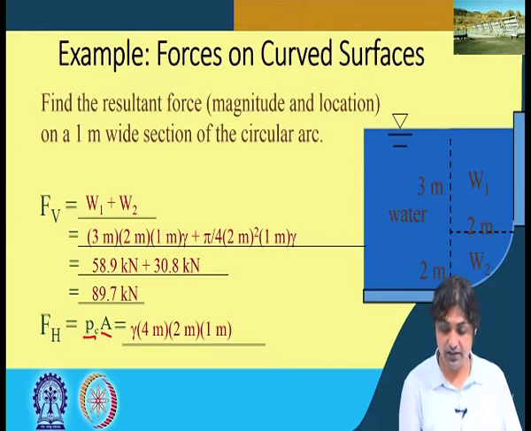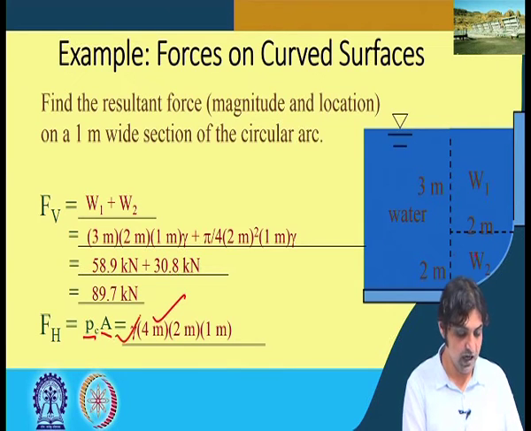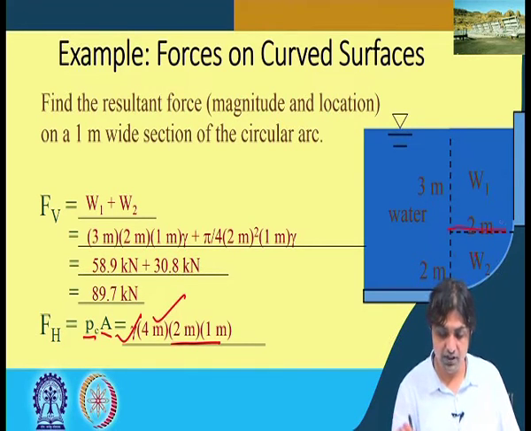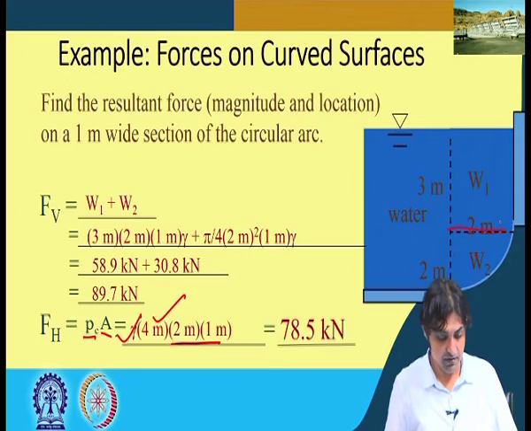So pressure at the centroid is, this is the centroid, right, 1 meter below. So 3 plus 1, 4, gamma h is the pressure, and this is the area, 2 meter into 1 meter. Okay. So the horizontal force is going to be 78.5 kilonewton.